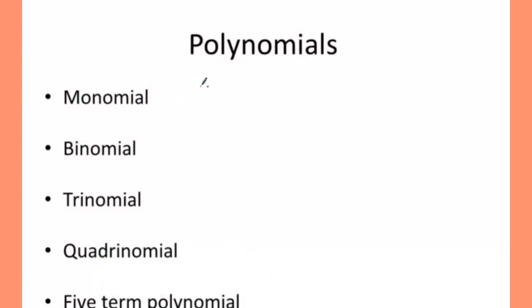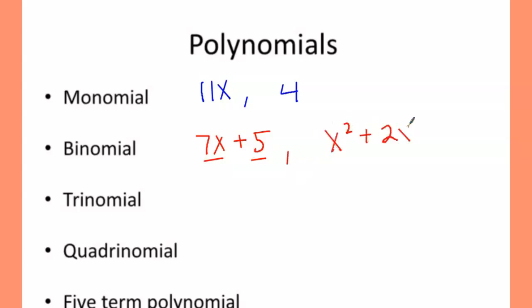Monomial means one term. So if we have, say, this, or even if we have 4, it's one term. Binomial means 2 terms. So if we have 7x plus 5, this is 1, 2, it's 2 terms. In the same way, if we have x squared plus 2x, this is 2 terms, so this is a binomial.